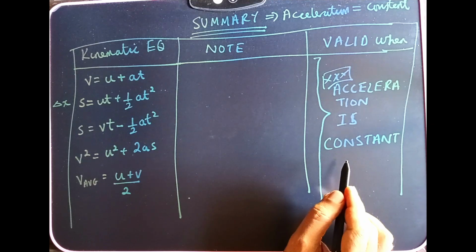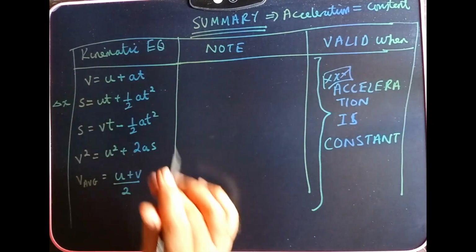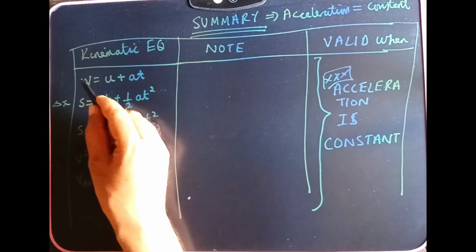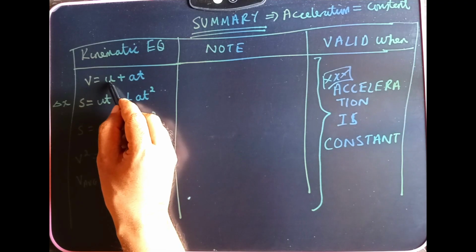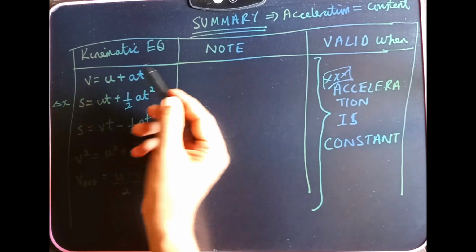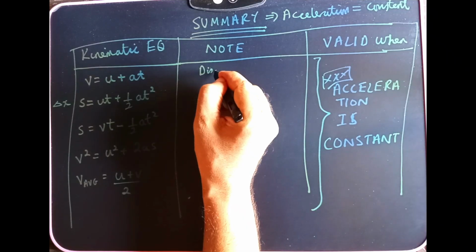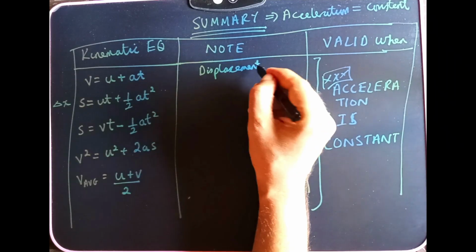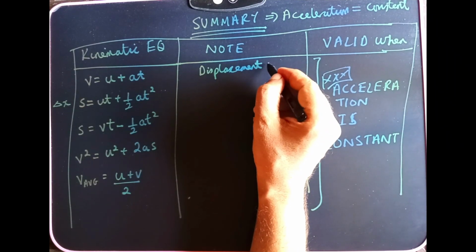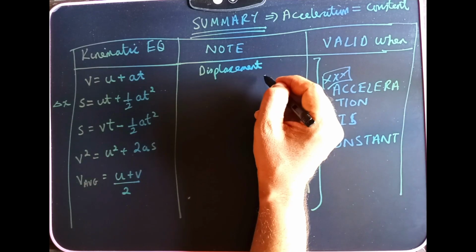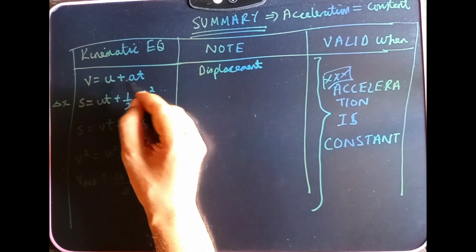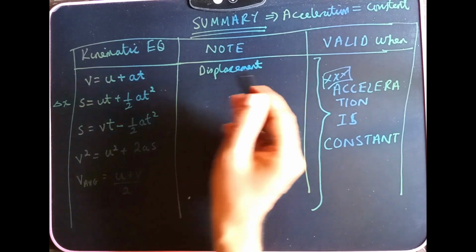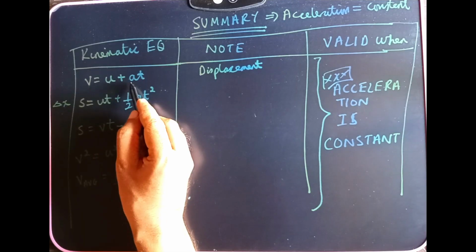Now, if you observe very carefully, in the first equation we have final velocity, initial velocity, acceleration, and time. What is missing? Displacement. That means this equation is independent of displacement. So when displacement is not given, and you want to find any of these values, you can use this equation.